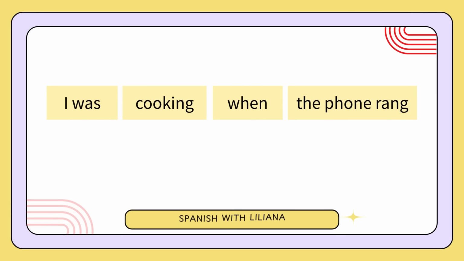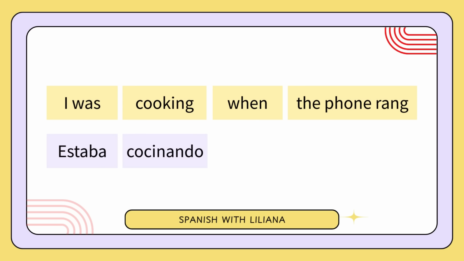All right, the next one is I was cooking when the phone rang. How would you say that in Spanish? I was is estaba. And then cooking is cocinando. When is cuando.